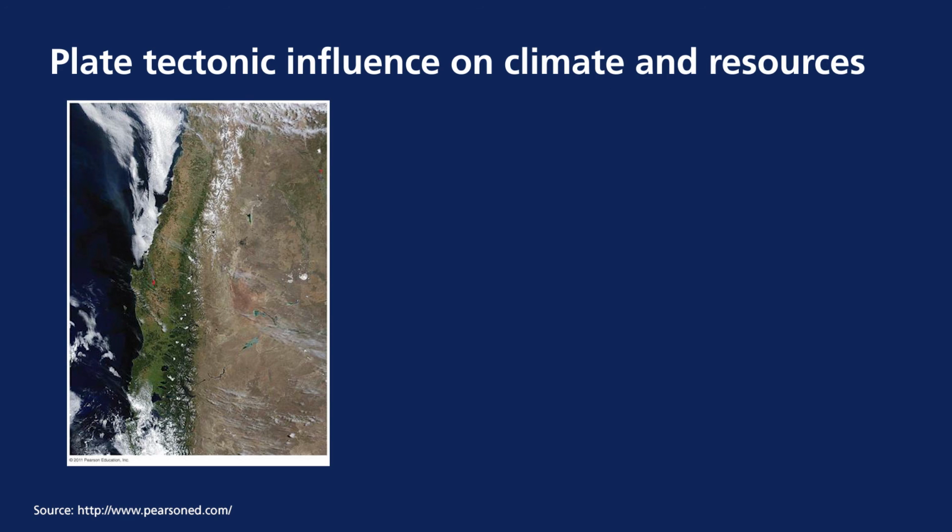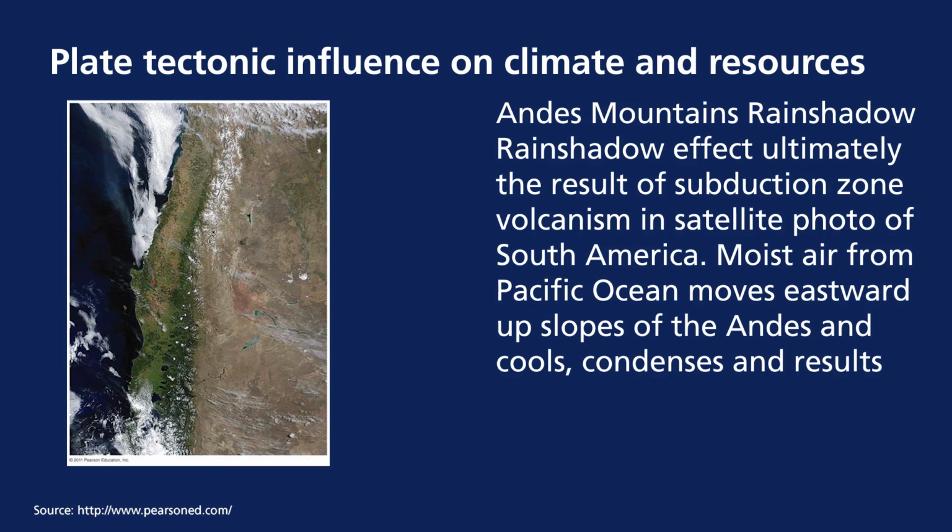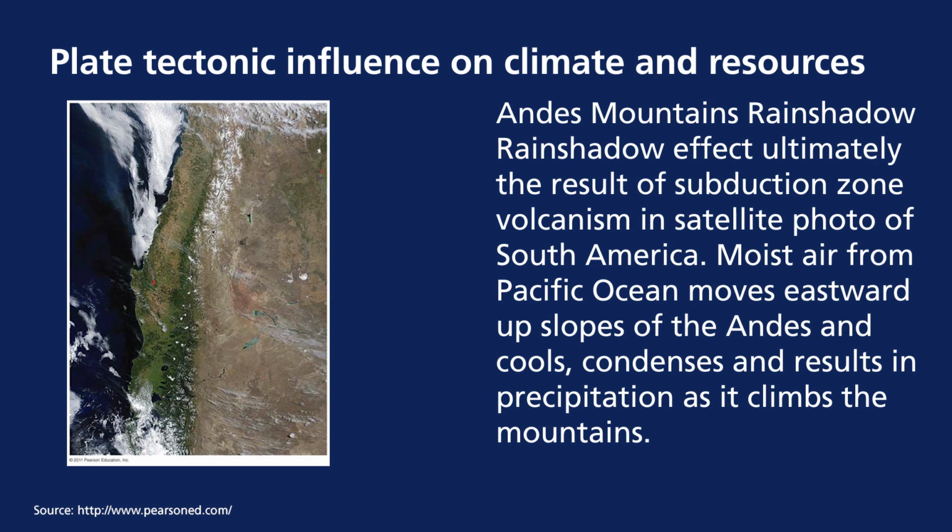These plates have negative consequences, as I mentioned. Tsunamis, earthquakes, volcanoes can be quite disruptive, but they also have positive impacts on our other Earth systems. On the left-hand side, the Andes Mountains were formed by this continental movement.